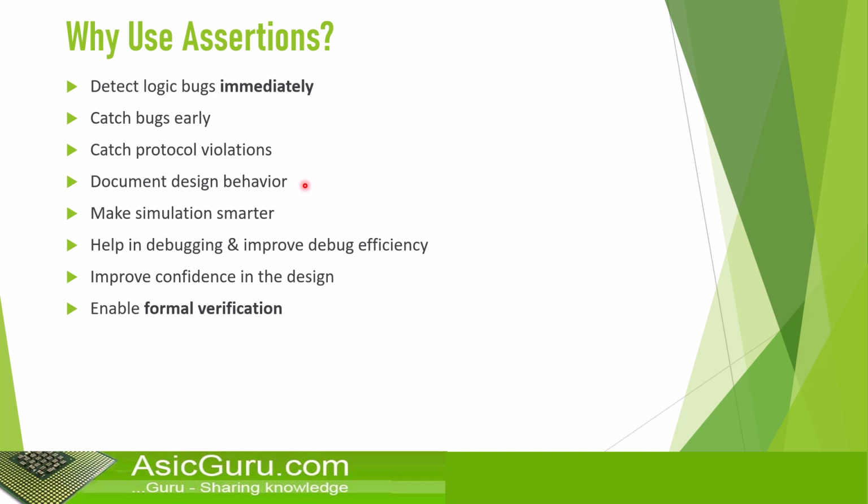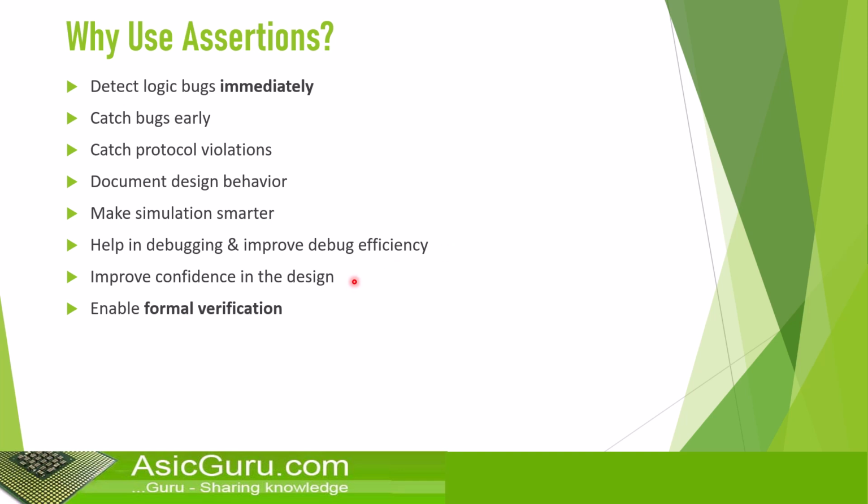Assertions also help in documenting the design behavior. They tell others what the design expects and how it should behave. Also, when you insert assertions in the design, your simulation becomes smarter. They also help in debugging. When a test fails, an assertion can quickly point to the root cause.